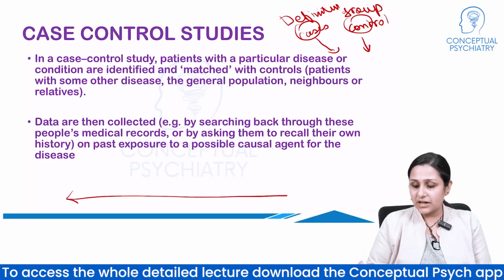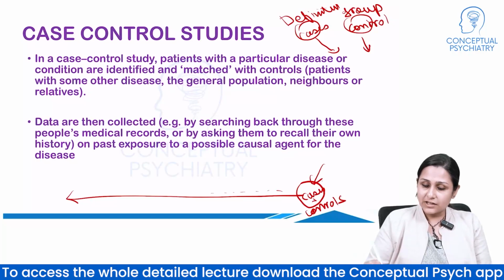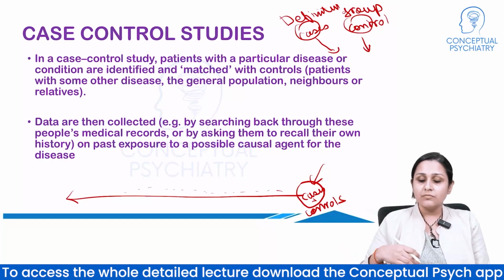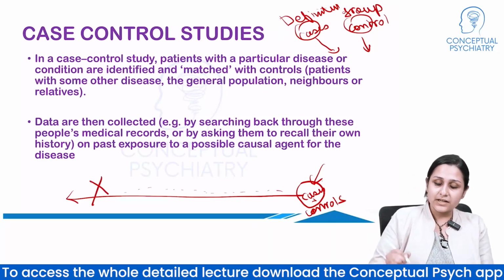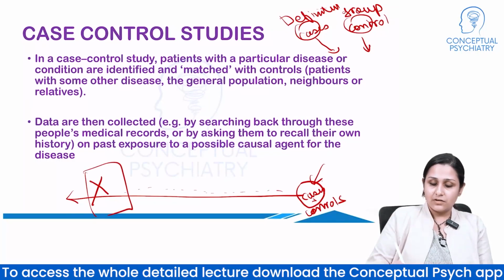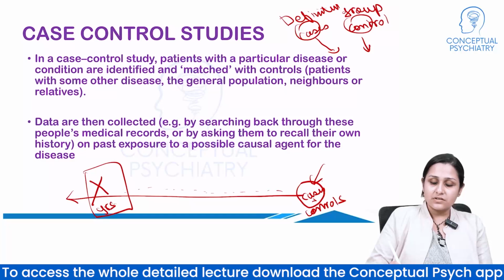So in the timeline, we have observed cases and controls and we have identified them, and then we go backwards in time. We go through their medical records, asking them to recall their own history of past exposure to a possible causal agent, and we find that X years back, there was some exposure to a chemical. So it is retrospective usually.